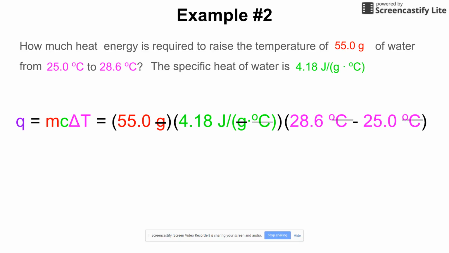Your Celsius cancels too, because you have Celsius on top from the difference of temperatures, and your specific heat has Celsius on the bottom. You're going to end up with joules, and heat is in joules. That's an acceptable unit, so you did something right. First take the difference of the temperatures, then multiply it by 4.18, and then multiply it by 55 to get the joules. You should have ended up with 828 joules.